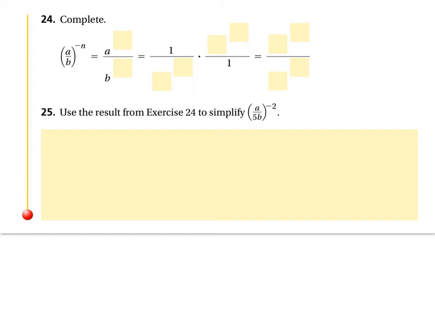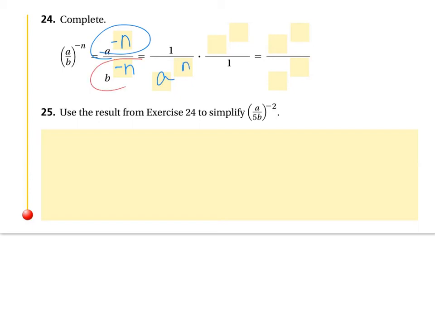Just in case you're having some issues with this still, let's take a look at this a little bit slower and remember exactly what that negative exponent does. This negative means we're going to do the reciprocal. So we're going to do the reciprocal of the numerator and the reciprocal of the denominator. So this is going to be 1 over a to the nth power.